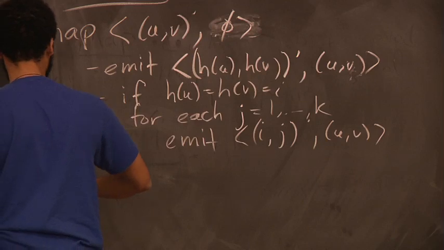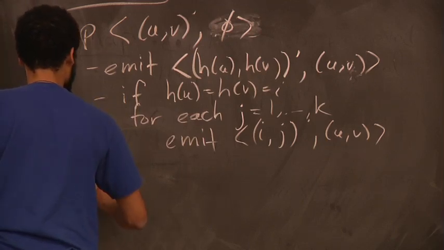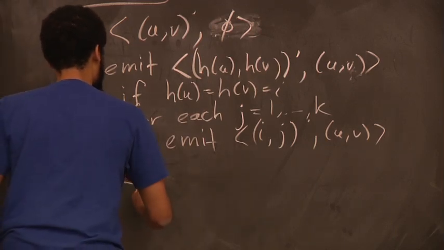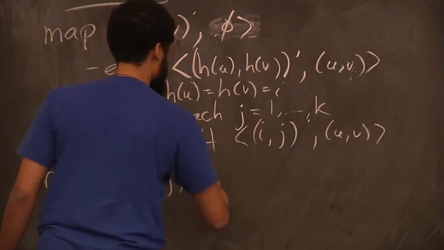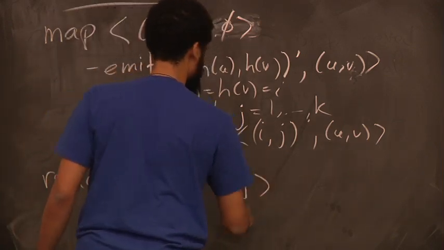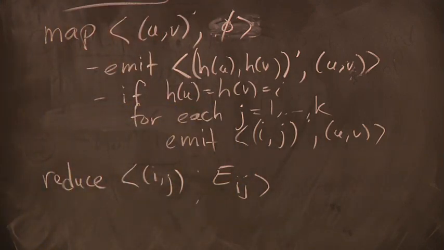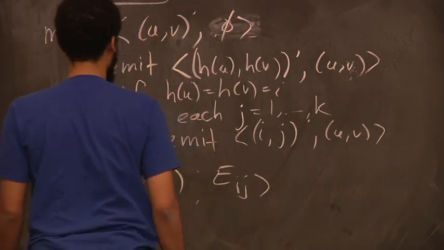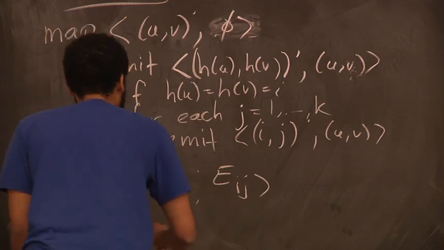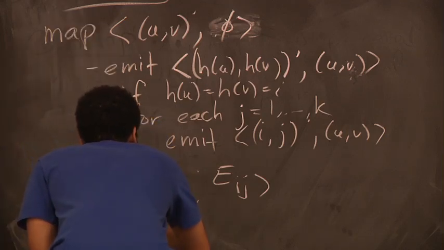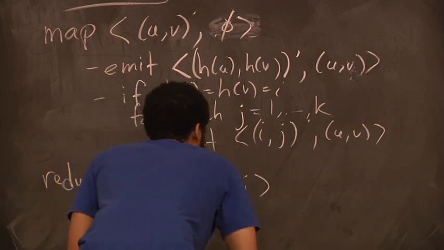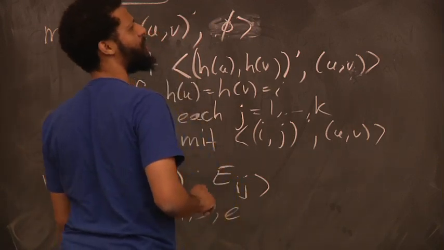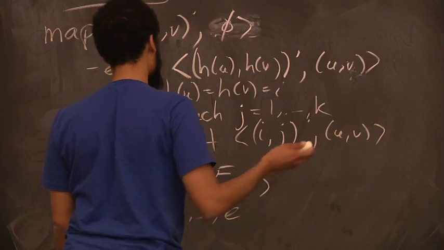Then there's reduce, which takes as input which Gij you care about, as well as some sequence of edges. And then it just lets E1 up to E. Well, it might not be connected.